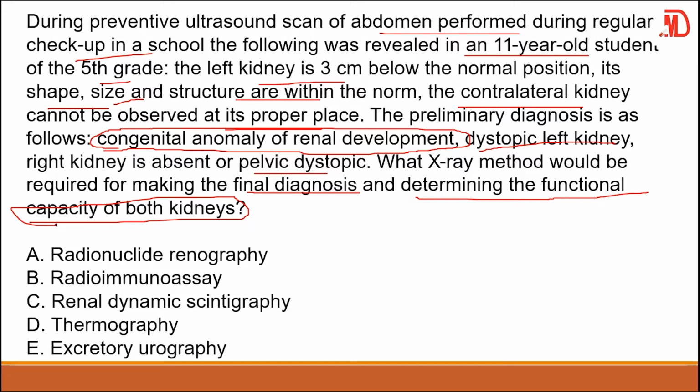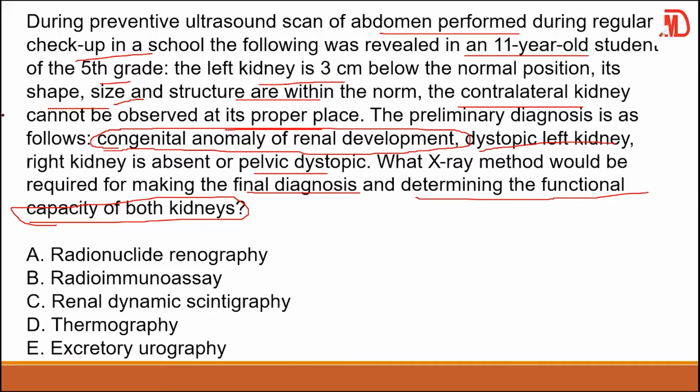Excretory urography, like we discussed, is checking for possible obstructions in the upper urinary system. That one uses the excretory urography. But over here, we are looking at the functionality of the kidney.